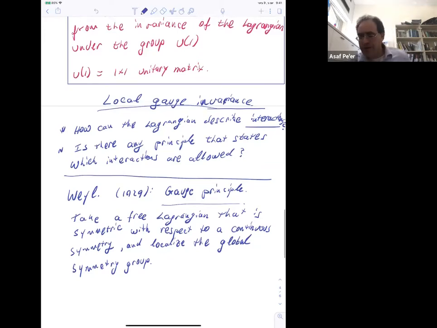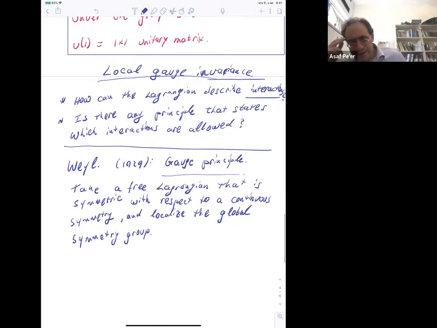Now, in order for that to still be a symmetry, one must include an additional field in order to maintain the symmetry.